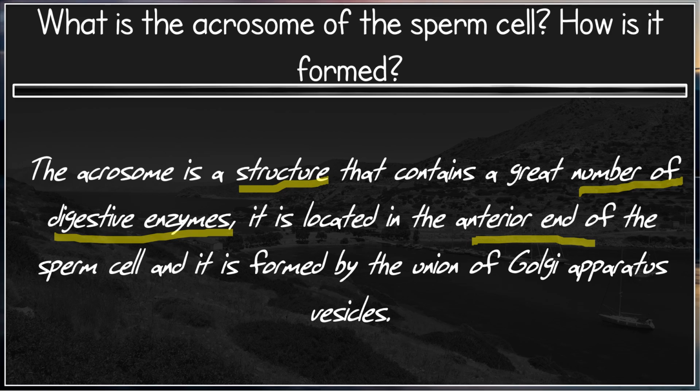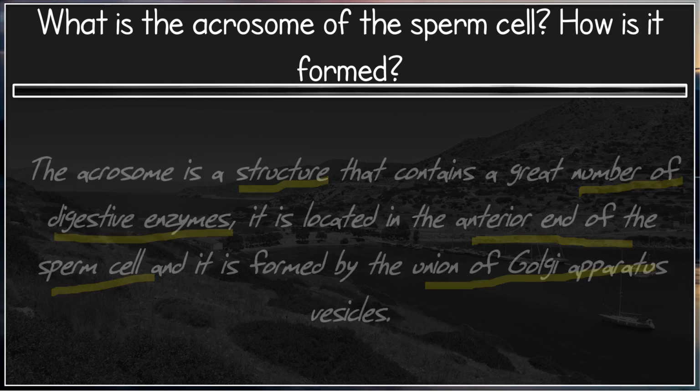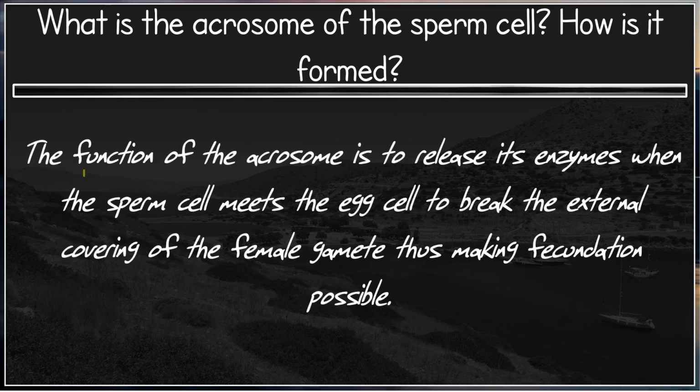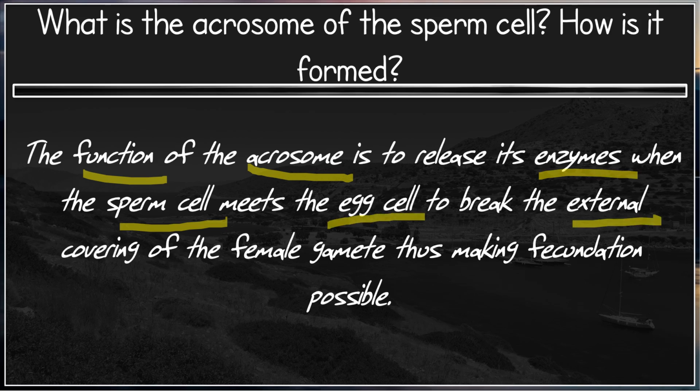It is located at the anterior end of the sperm cell and it is formed by the union of Golgi apparatus vesicles. The function of the acrosome is to release the enzymes when the sperm cell meets the egg cell, to break the external covering of the female gamete, thus making fecundation possible.